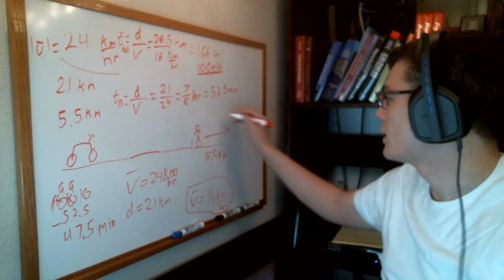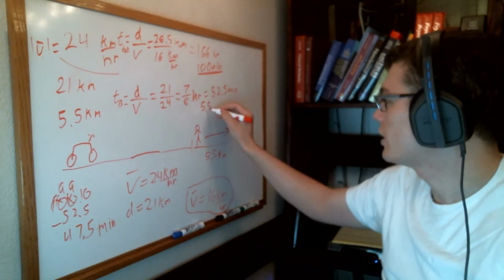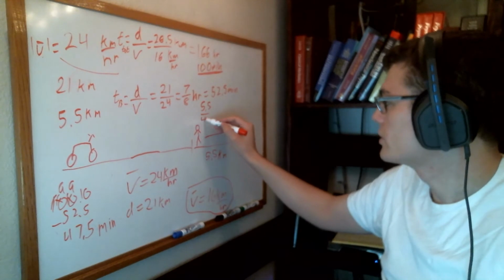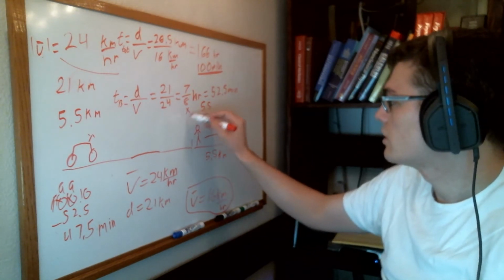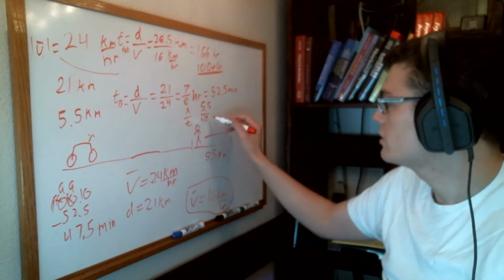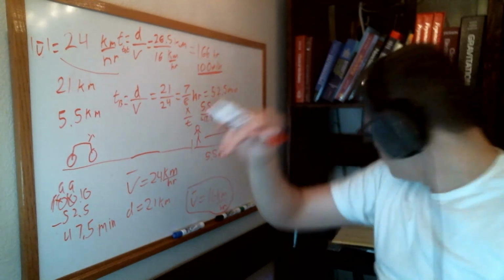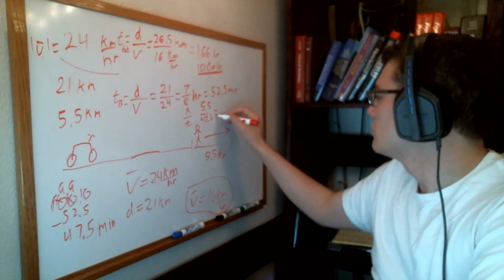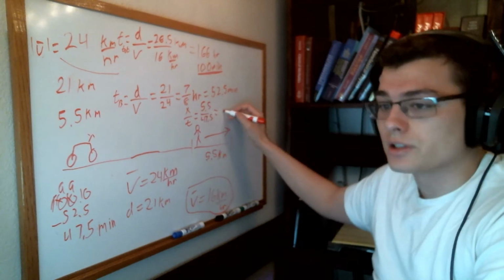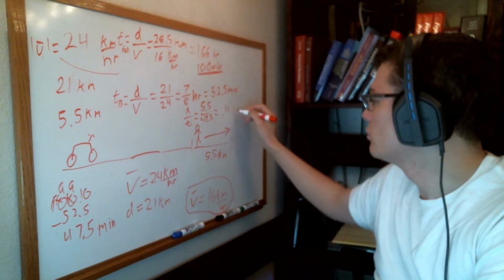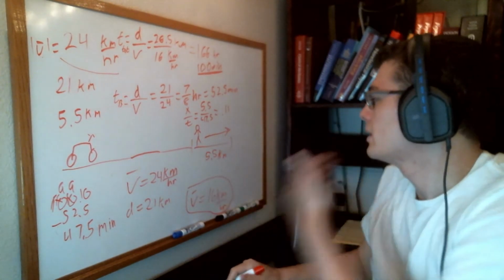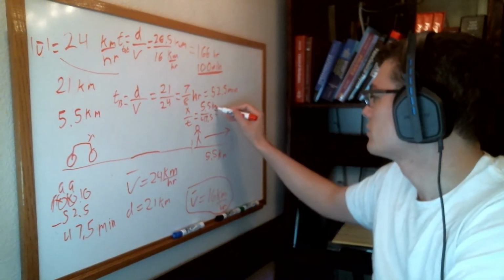Let me write that out for you. We're going to take 5.5 divided by 47.5, because this is x over t. That's going to give us 0.11, and this is kilometers per minute.